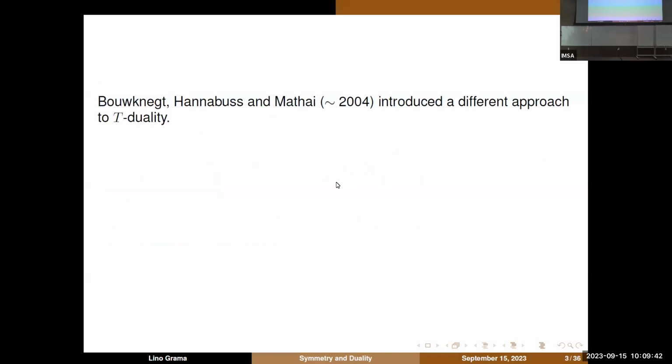There is also another T-duality, by Bouwknegt, Evslin and Mathai in 2004, in a paper in Communications in Mathematical Physics. They introduced another kind of T-duality, a T-duality for principal torus bundles equipped with H-flux.